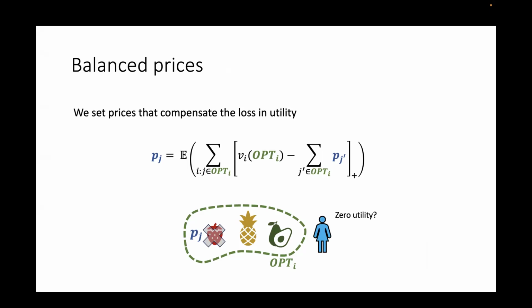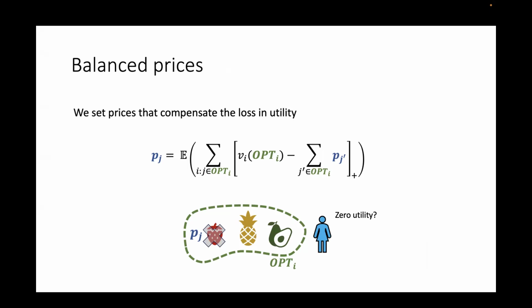Then what I will do is set the price to be the expectation of that utility that is lost, for the set that contains the item in the optimal allocation. I will set the price to be the expected utility that comes from that set. The thought experiment is that if we did the optimal allocation and forced the agents to pay the prices I set, this would be the utility, right? So I will set the price to be exactly that.